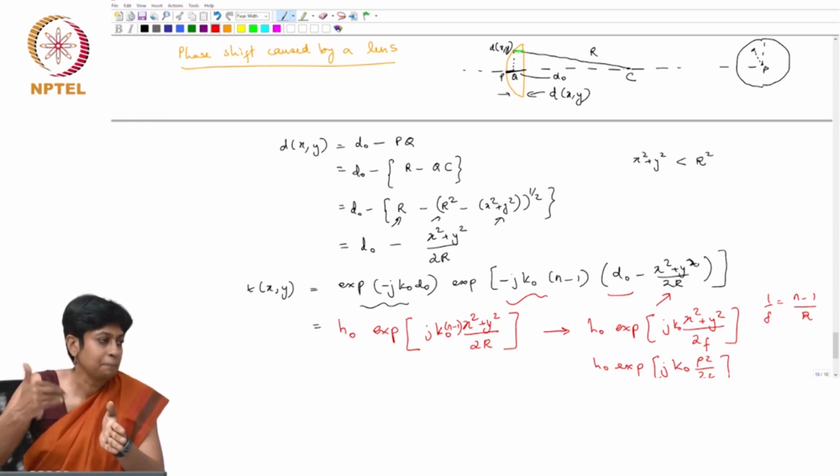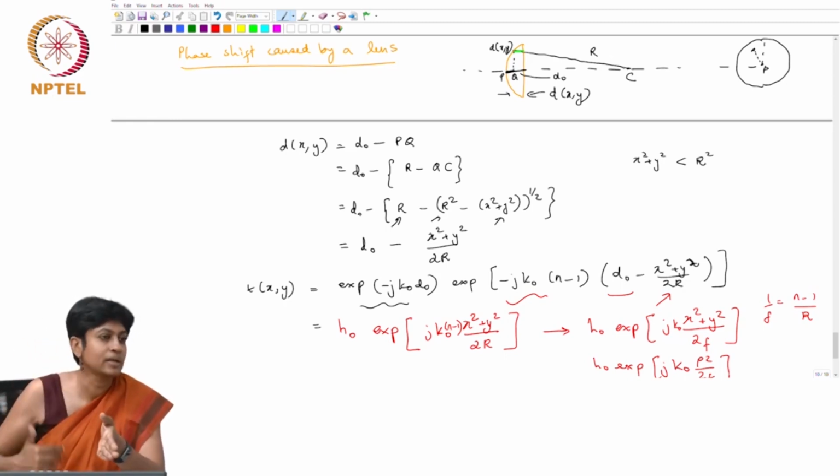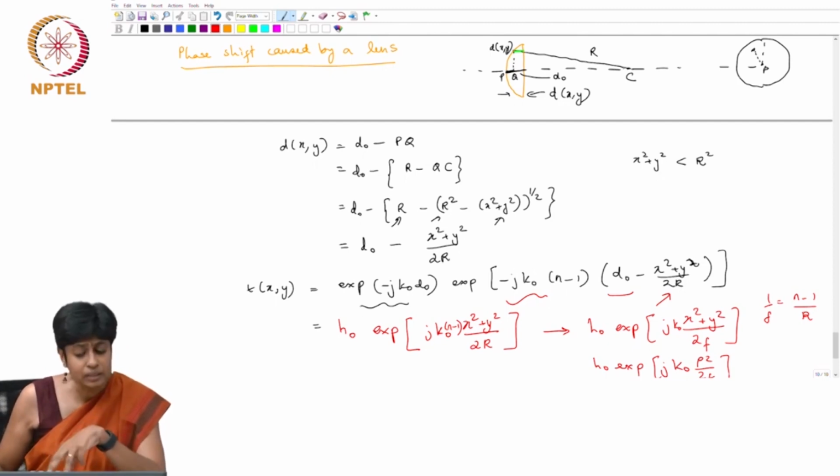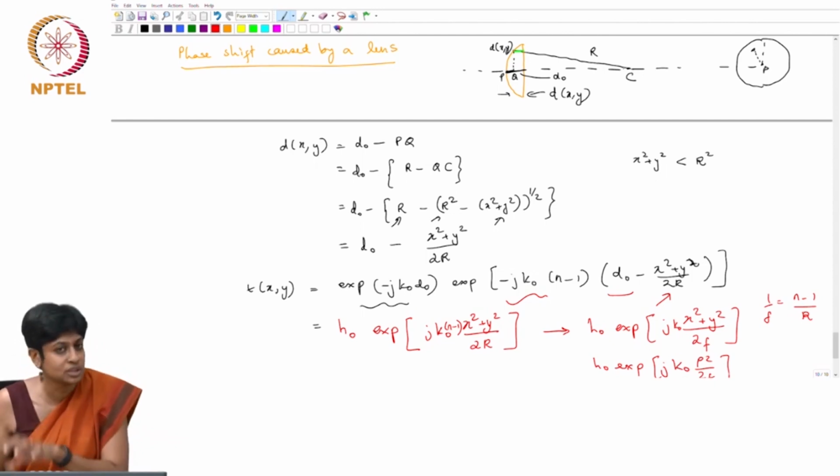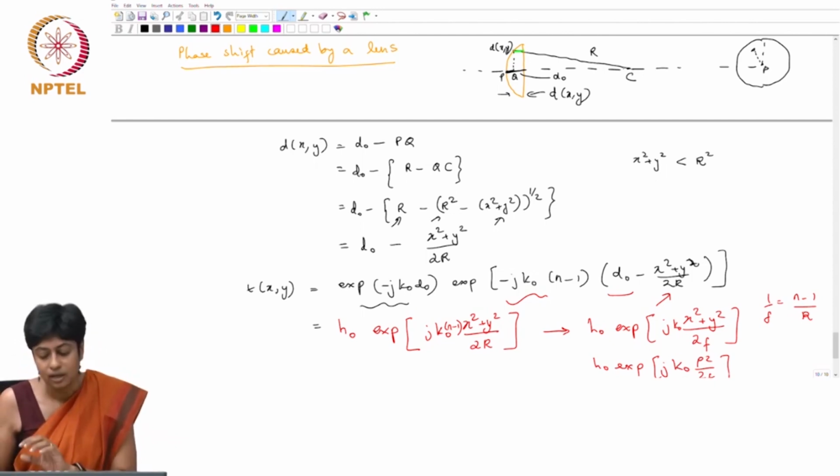And then we went step by step as to how you will calculate the phase of a known element like a lens. We have arrived at the transmittance for a plano-convex lens. But you'll see if you do it for any lens, it is going to reduce down to this form, where it is a function of the focal length of the lens.